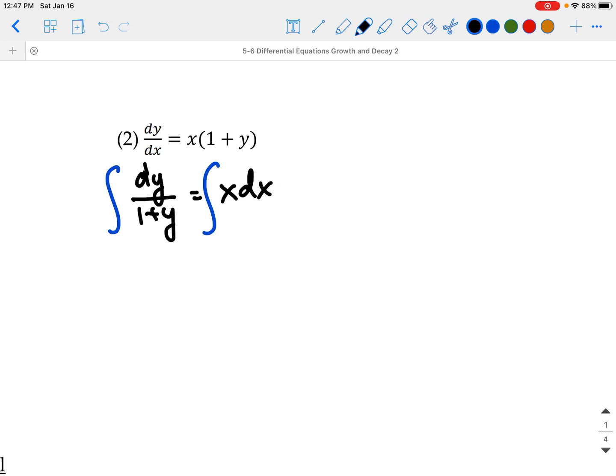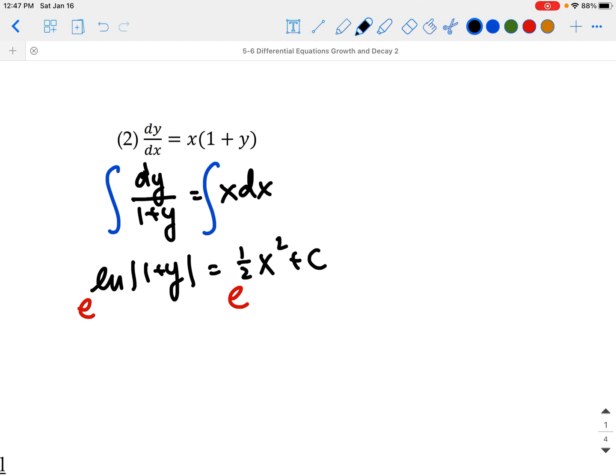On the left, we're going to get a natural log because it's 1 over 1 plus y. And then on the right, we'll get a quadratic. So we'll get the natural log of the absolute value of 1 plus y is equal to 1/2 x squared plus c. And then we can raise both sides base e.